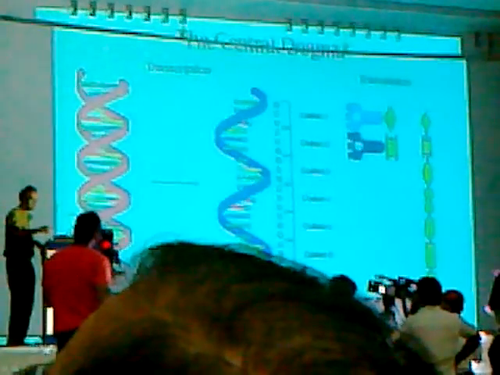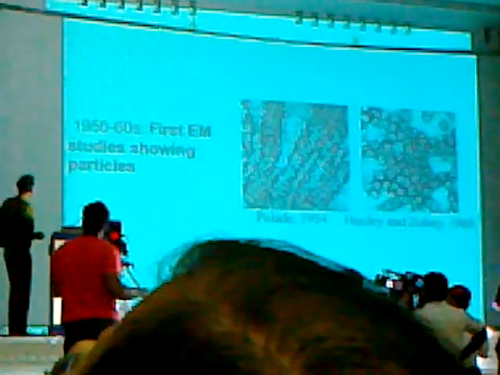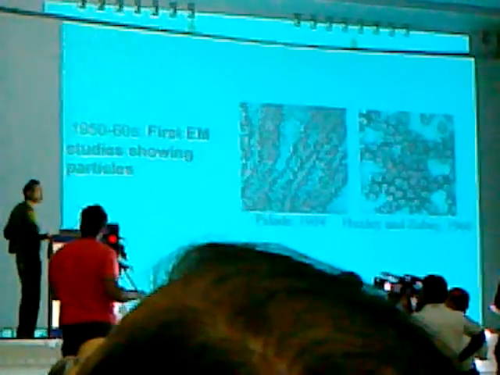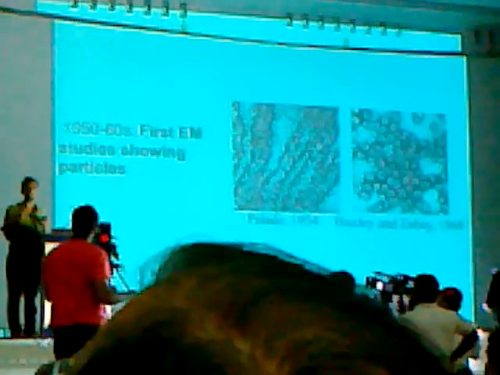Now, clearly, this doesn't happen by itself. And that was realized very early on when people who were looking at where newly made proteins were in the cell by labeling using radioactive amino acids and doing electron microscopy, they showed that newly made proteins localized on these particles in the endoplasmic reticulum.